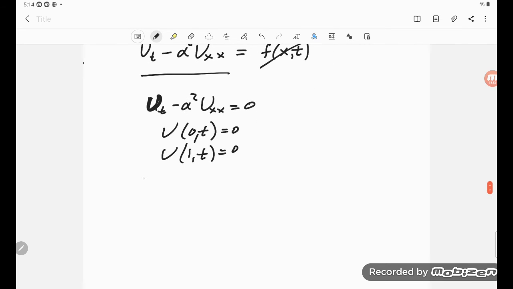But now our initial condition, and you see this is where things have changed, is that U of x and 0 now becomes the old phi of x minus k1 plus x times k2 minus k1.